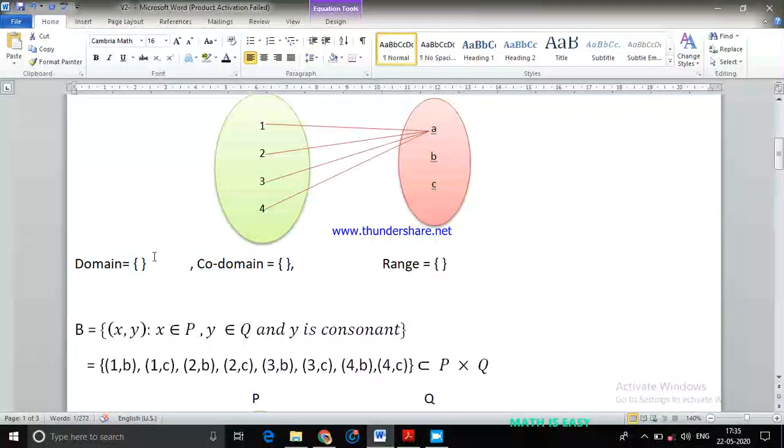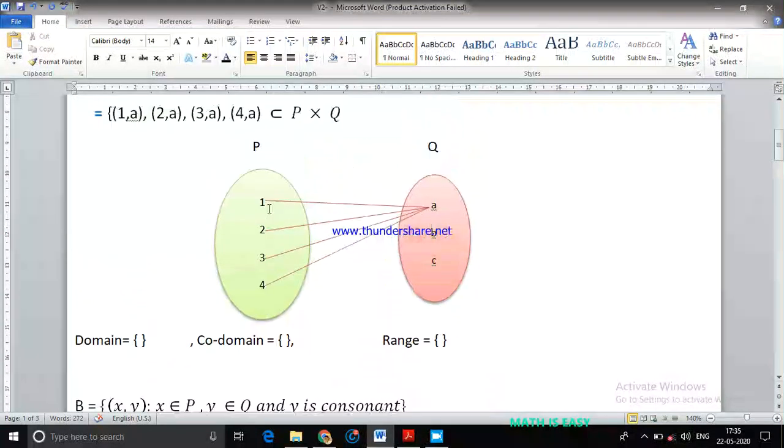Here I mentioned domain is from the set P. Okay, I cannot say all the elements of P belong to the domain. Domain consists of those elements which have a map with the elements of Q. There must be a mapping element. So here 1 is mapping with A, 2 is mapping, 3 is mapping, 4 is mapping. So domain consists of 1, 2, 3, 4.